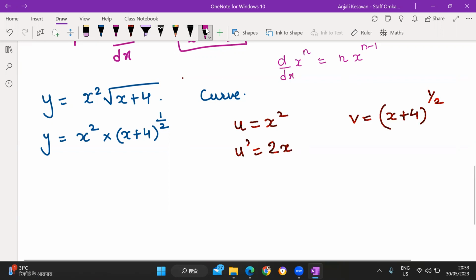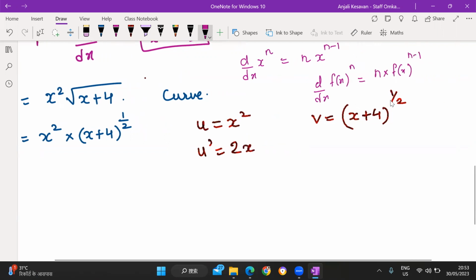Now here, differentiation of any function with a power can be written as n times that function raised to reduce the power by 1 and multiply it by the derivative of the function. Okay, so that's how we get the second solution.